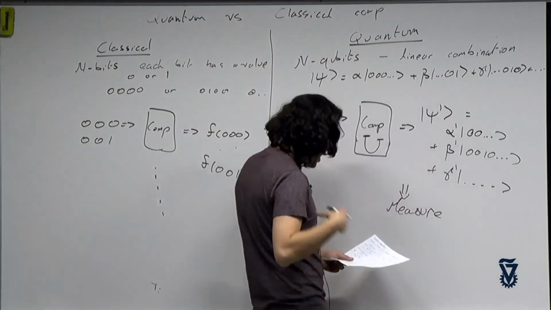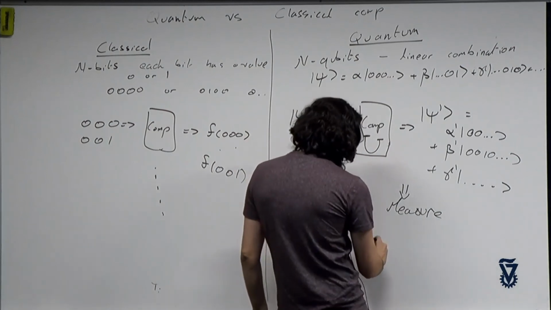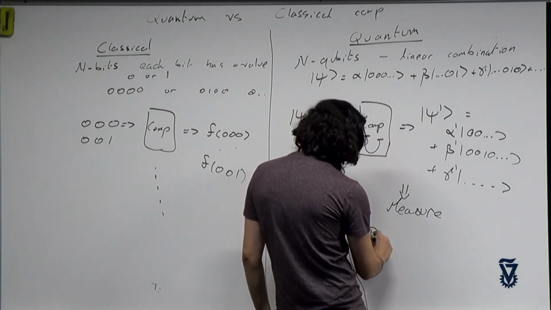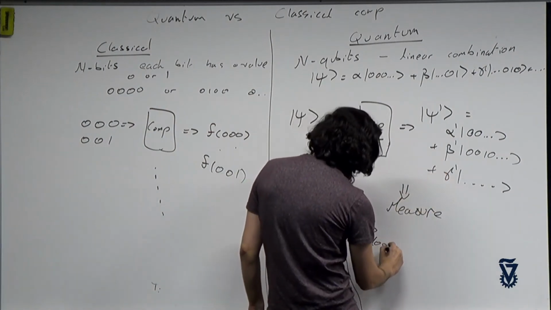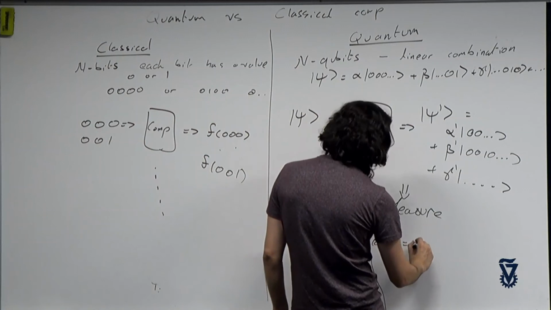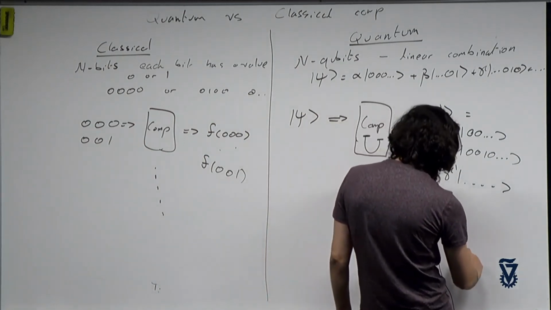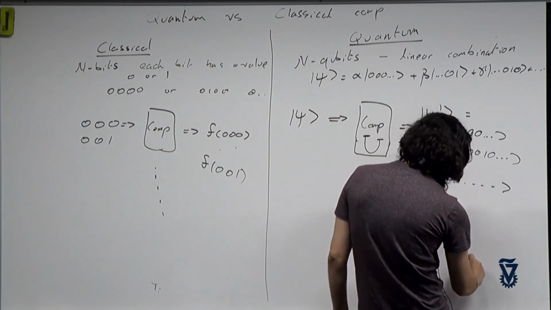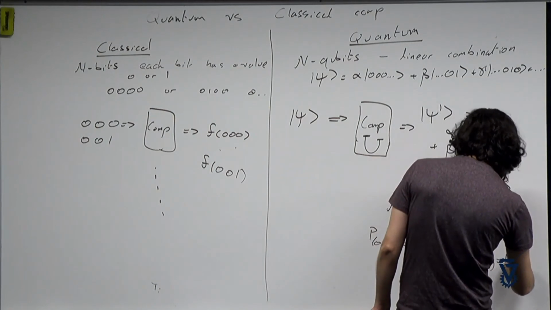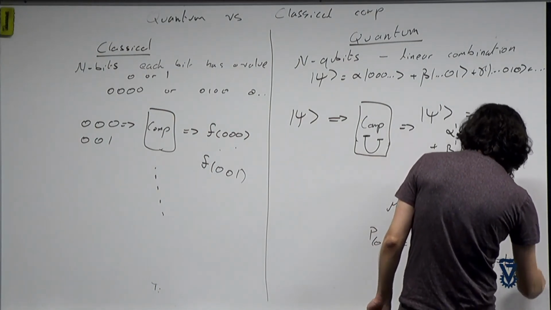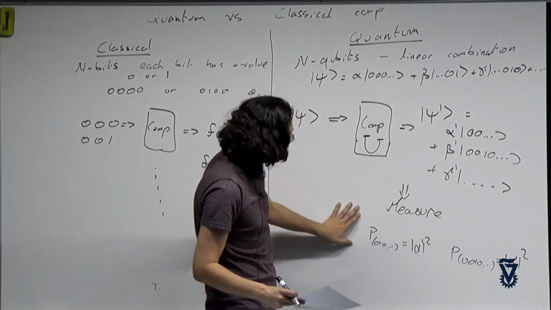Okay? And then this measurement will give us, with probability, 0, 0, 0 with probability alpha prime squared, and will give us the result 0, 0, 1 with probability beta prime squared, and so on and so on.